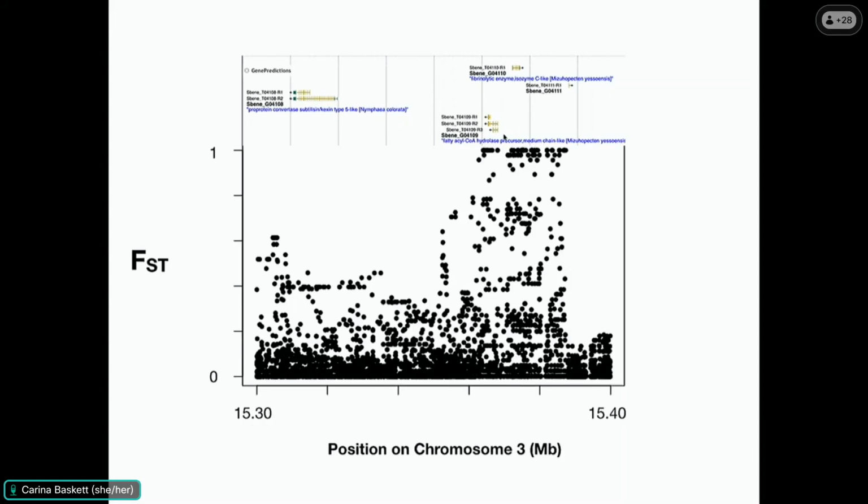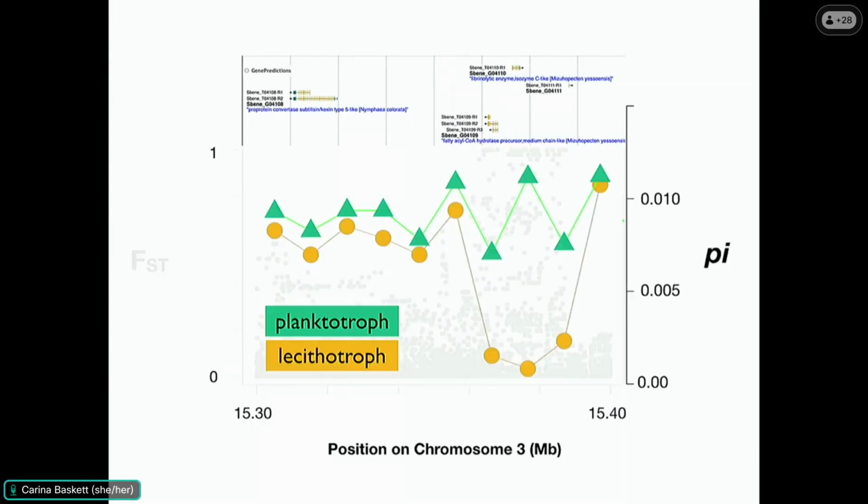And so one thing we can do is just ask whether the lecithotrophs and the planktotrophs have similar patterns of genetic diversity across this interval. And when we look at heterozygosity within each of these populations, we see that there's actually a quite striking difference. Planktotrophs basically don't show any change in genetic variation across this interval. But the lecithotrophs, that's the big egg direct developers, they have a dramatic deficit of heterozygosity here.